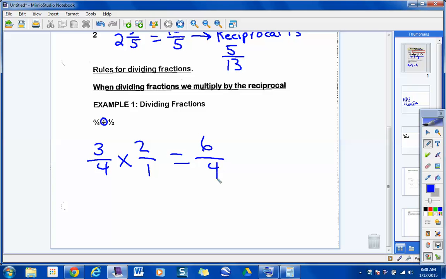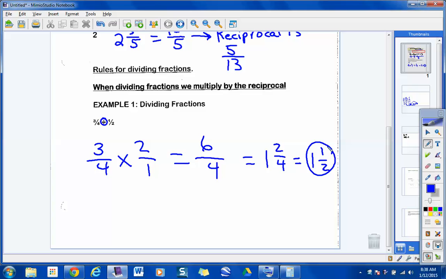Okay, I think we can work this one mentally instead of using the calculator. How many times is 4 going to go into 6? Once. What would your remainder be? So 1 2/4. How about the fraction part of my mixed number? 1 1/2.